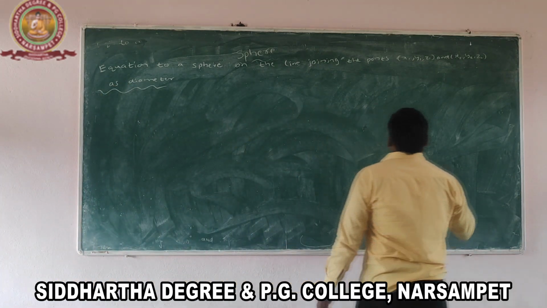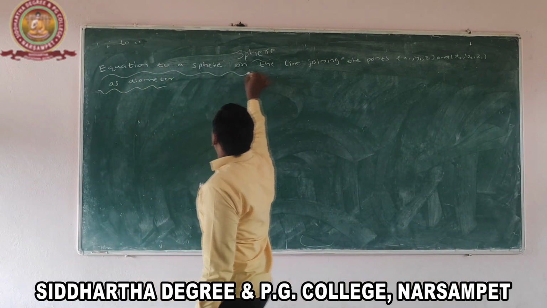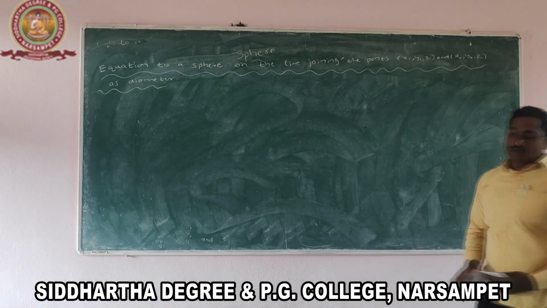So here we have to derive the equation of the sphere when two endpoints of a diameter are given.